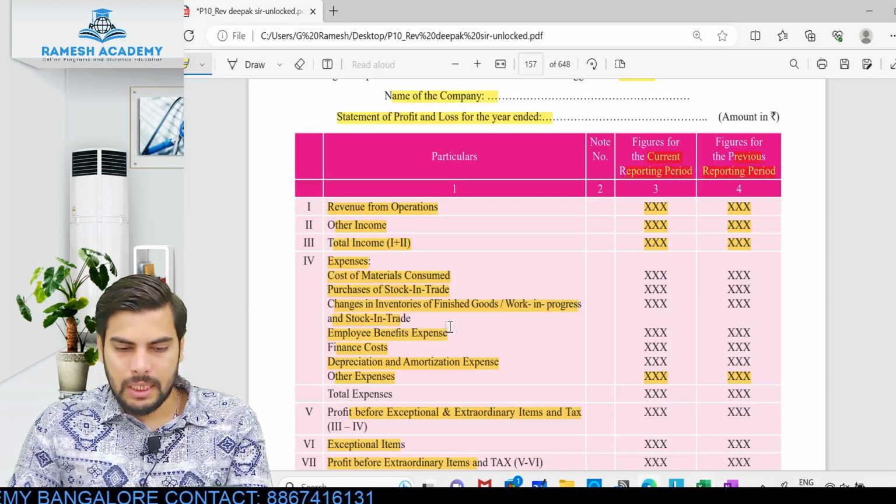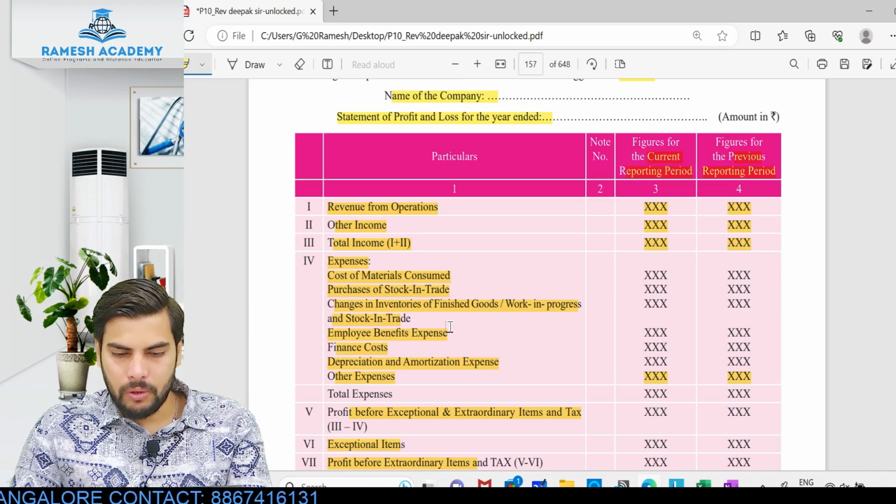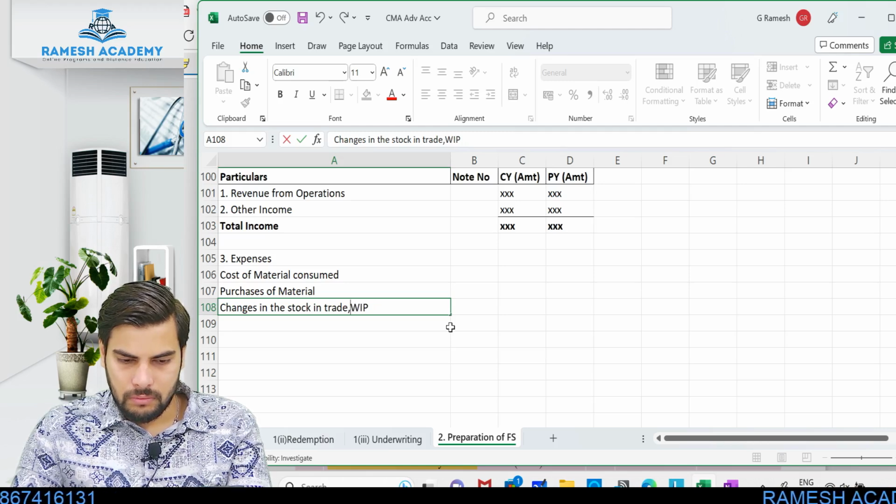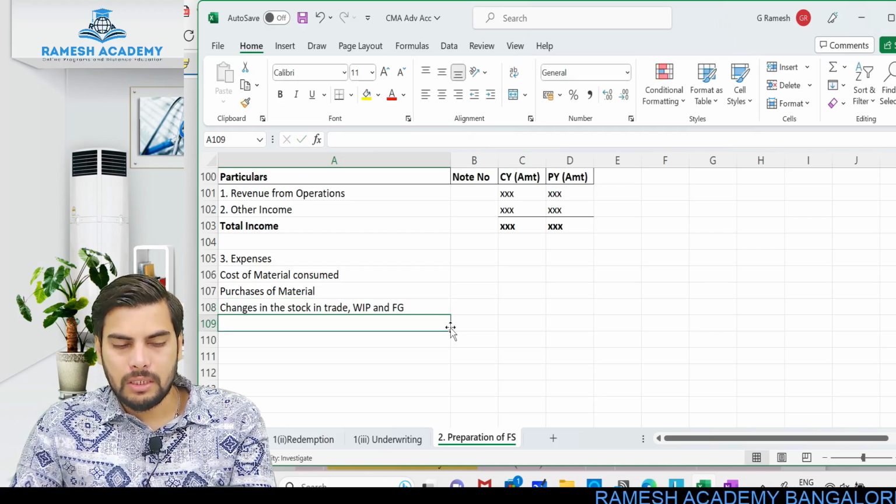Whatever is the changes pertaining to stock in trade, work in progress and finished goods, these you will also be writing.